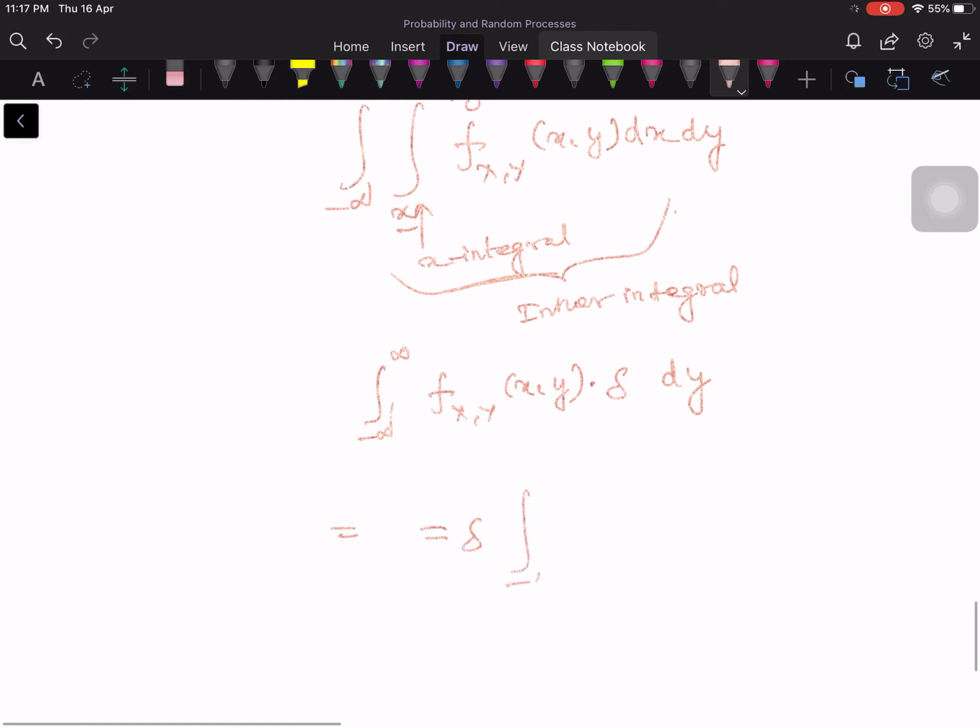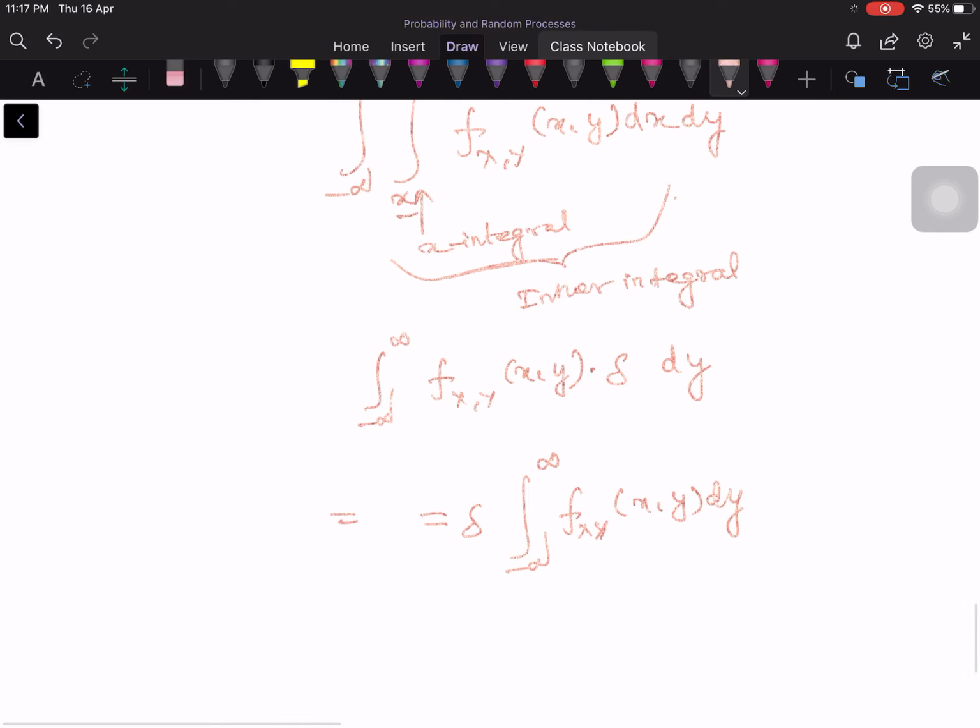Delta times the integral from minus infinity to plus infinity of f_XY(x, y) dy. What is the left hand side? Your left hand side is going to be P(x ≤ X ≤ x + delta).